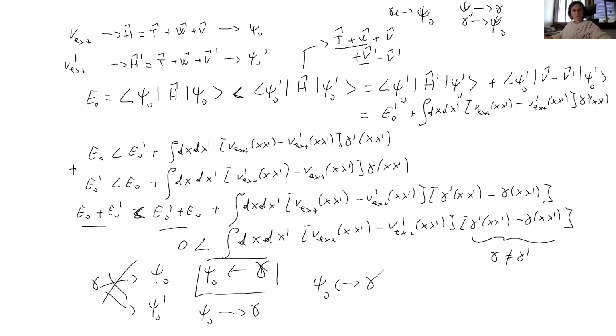It's a bit different from DFT, because in DFT you have the one-to-one mapping with the external potential. Okay, so this simply means that the expectation value of any ground state operator can be expressed in terms of the one-body density matrix.